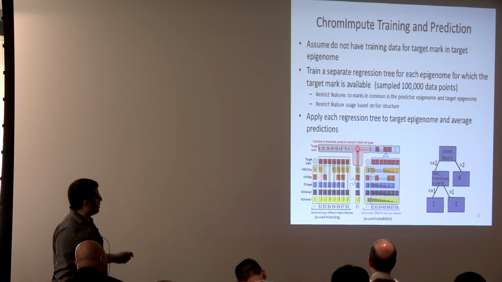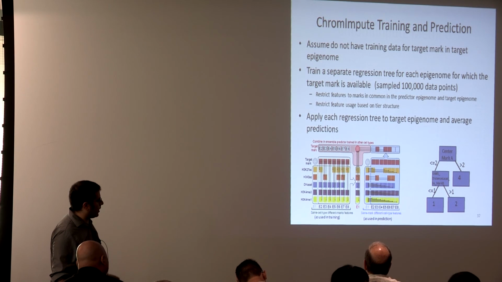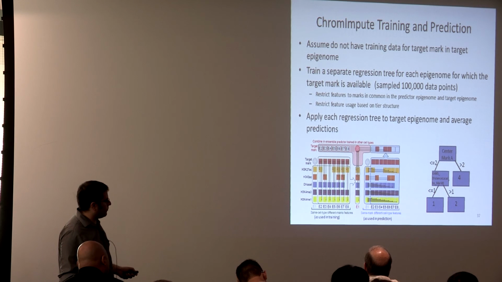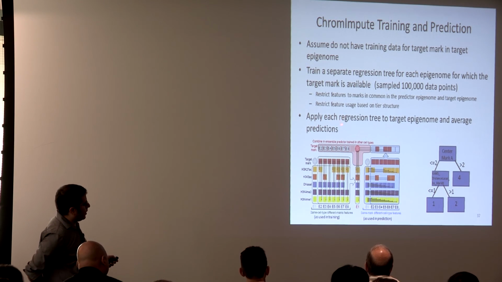And what we can then do is build an ensemble of regression trees. If you're familiar with, for example, random forests, it's a similar type of idea, except here we're not specifically dropping subsets of features.